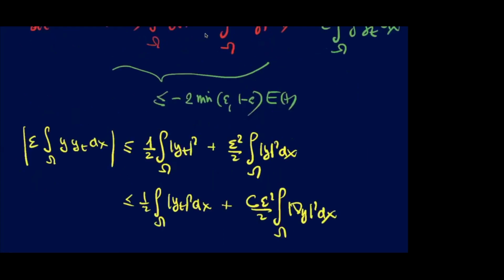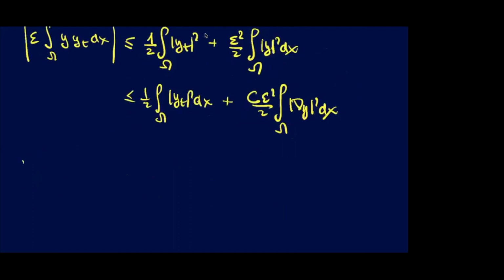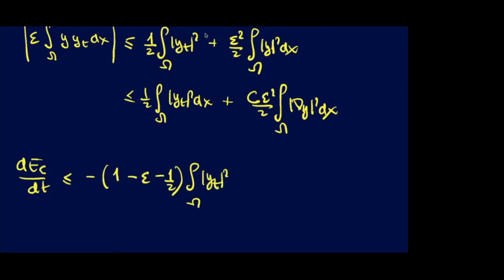When I put all these together, what I will get is that the time derivative of E epsilon will be less than 1 minus epsilon. Now I am paying an extra 1/2, so I will have here minus 1 over 2 the integral over omega of YT squared, right?